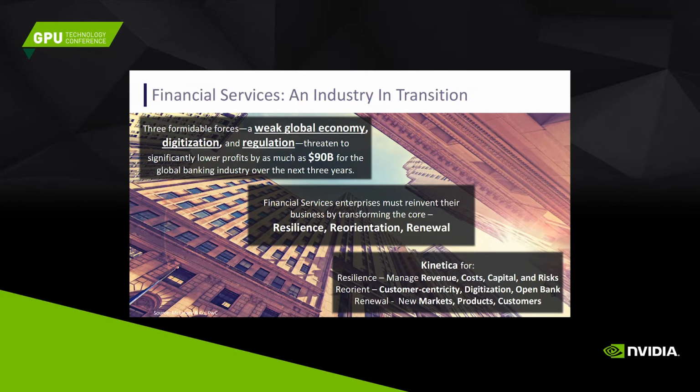They need to be more resilient, for example. The regulators are continually coming out with new targets. MiFID II, for example, coming in January. That's showing no signs of stopping or slowing down. So these are some of the reasons why financial services is the most interesting, most active sector for Kinetica.